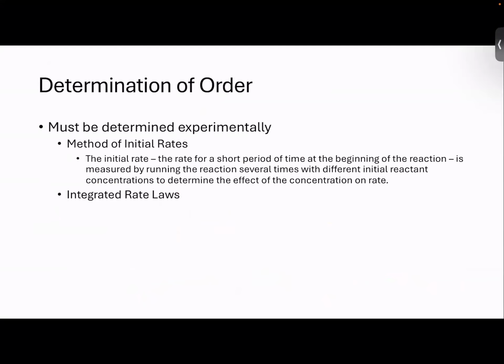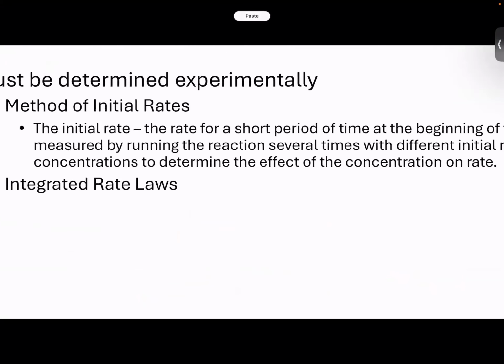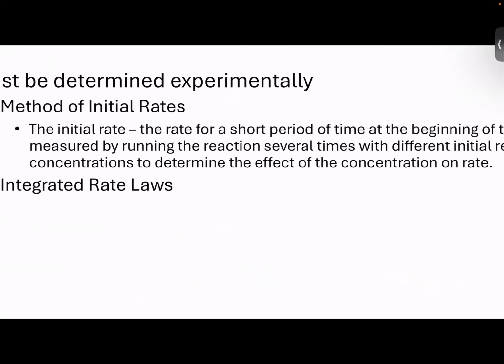Now, again, as I said, those orders must be determined experimentally. And there are 2 ways that we can determine the orders experimentally. One is to use what is known as the method of initial rates.